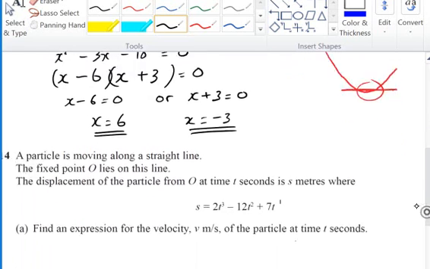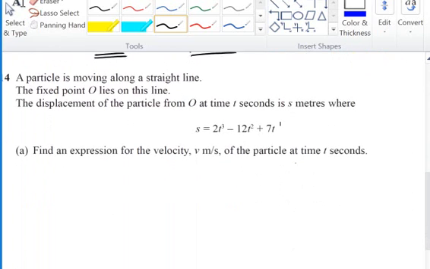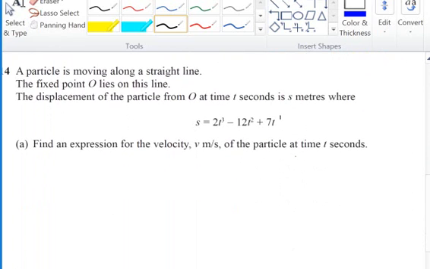Now, the, if you like, nasty side of this is that they may ask you something to do with applied maths, and they may ask you something to do with speed, distance, and time, and also acceleration. And the thing to remember for this kind of question is, if you've been given something called displacement, that's distance, then you're asked to calculate velocity.